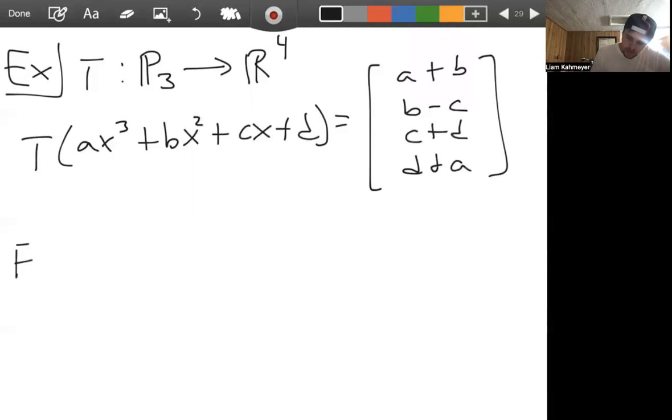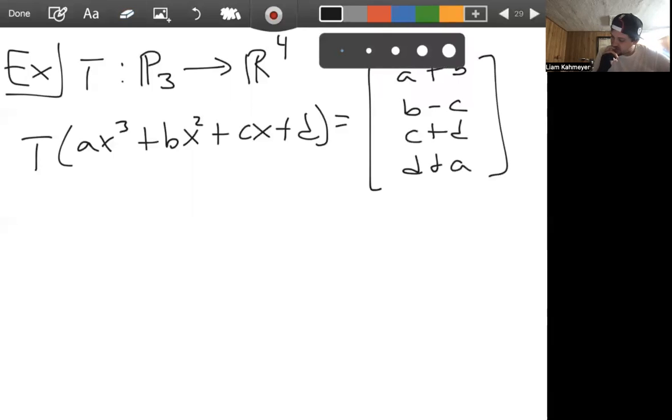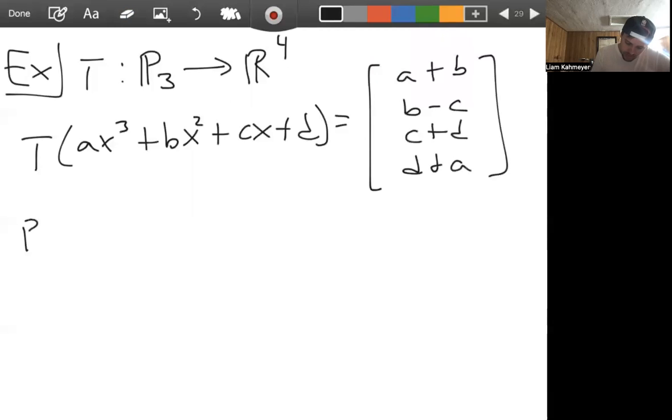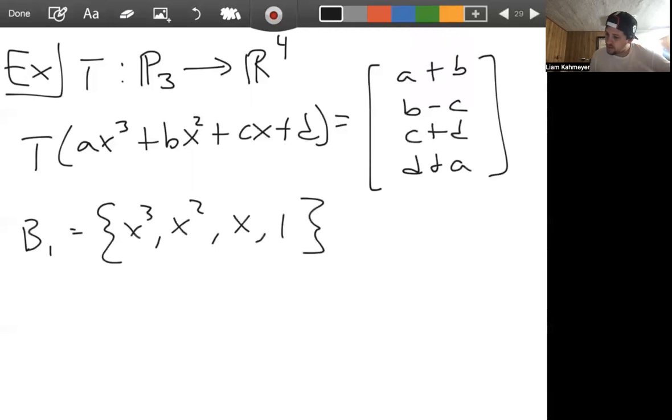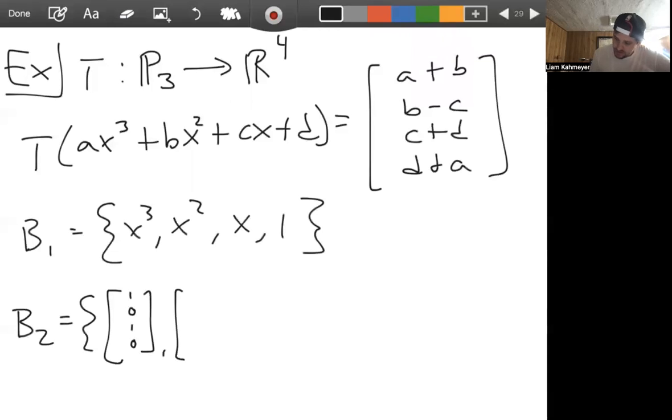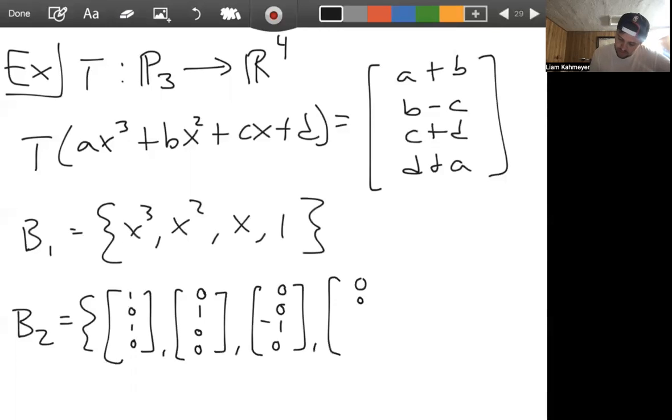And let's state two bases here, where B1 is going to be the basis x cubed, x squared, x, 1. And what basis are we going to use for B2, for R^4? We're going to use the basis (1, 0, 1, 0), (0, 1, 0, 0), (0, 0, negative 1, 0), and (0, 0, 0, 1).